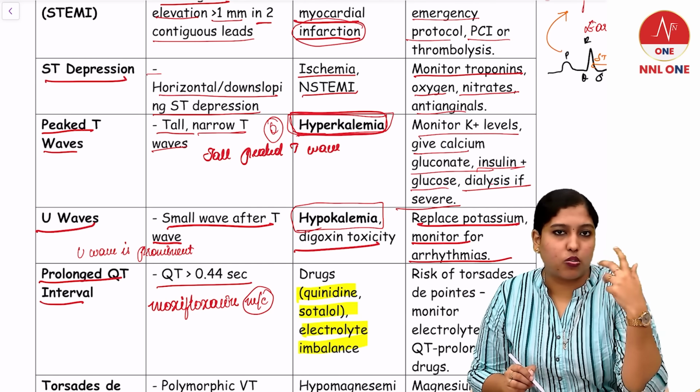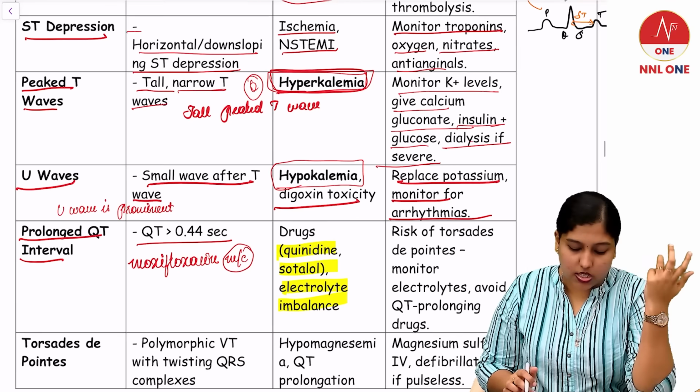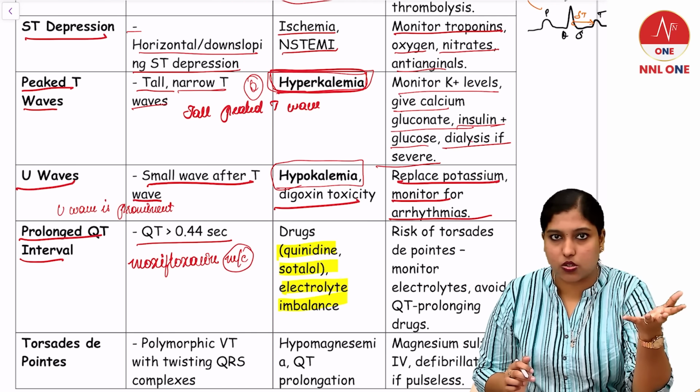Electrolyte imbalances also cause QT prolongation: both hypomagnesemia and hypermagnesemia.